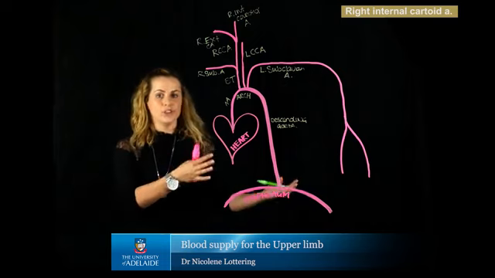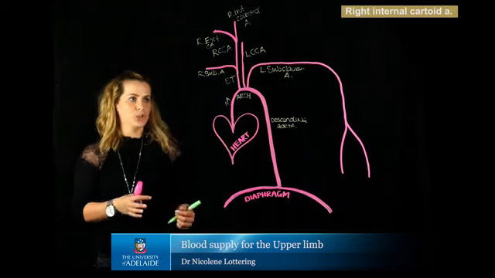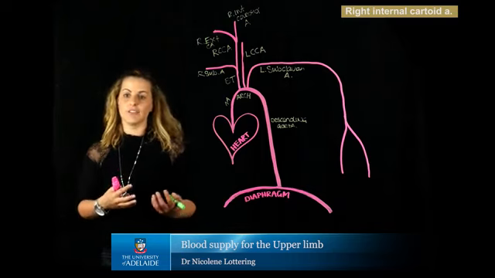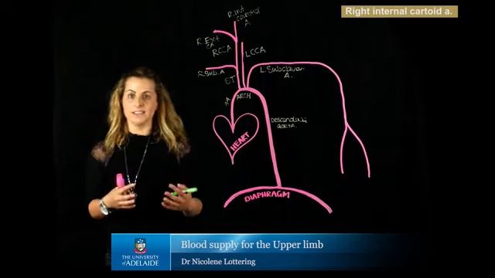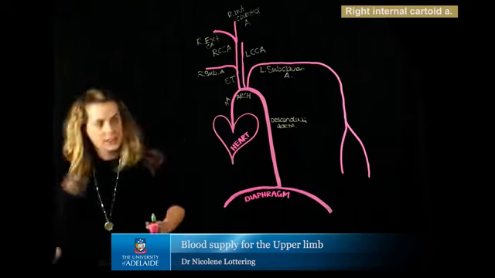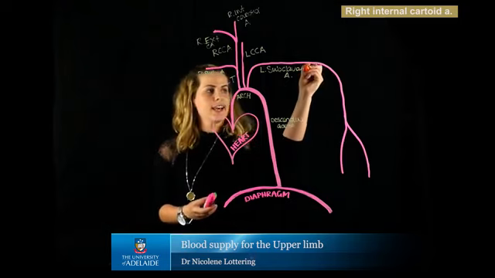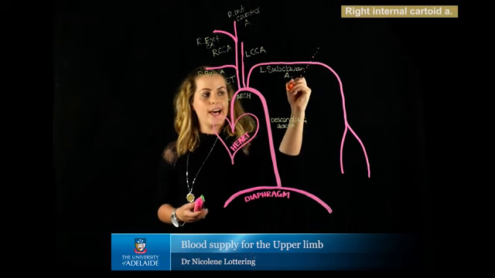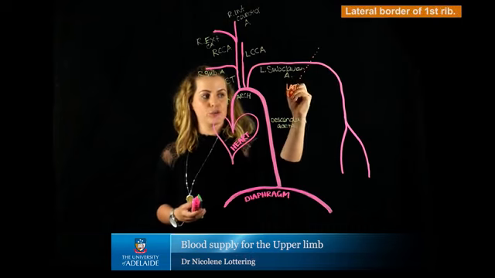If we then continue with the blood supply to the arm, you will notice that we have subclavian arteries on both sides. Subclavian meaning that it's going to be passing underneath the clavicle, until we get to this landmark over here, which is going to be the lateral border of the first rib.